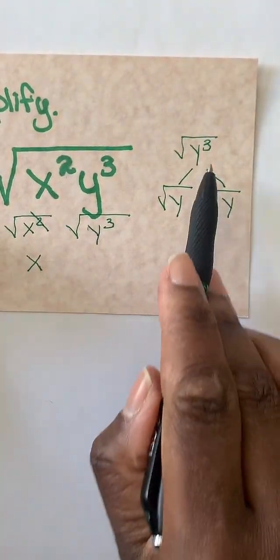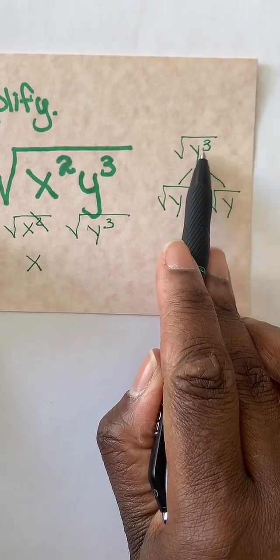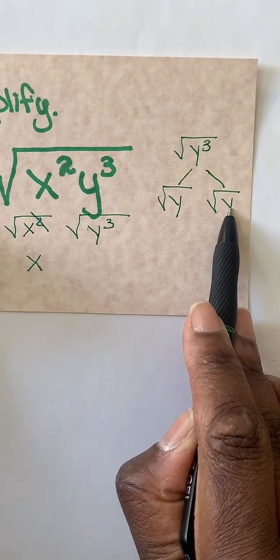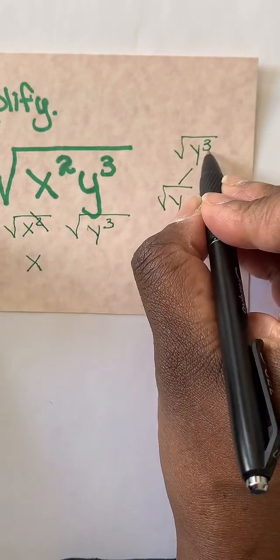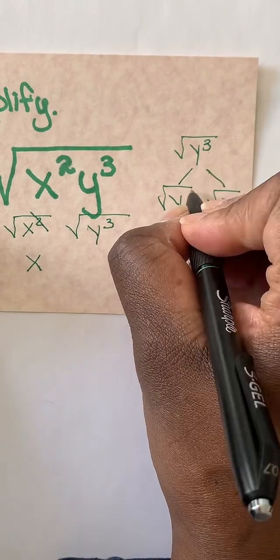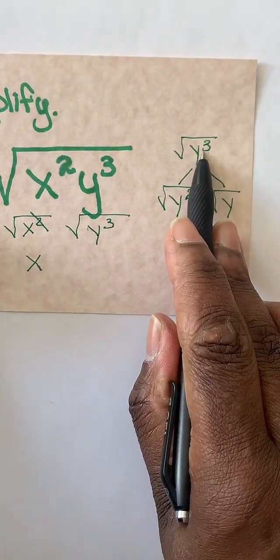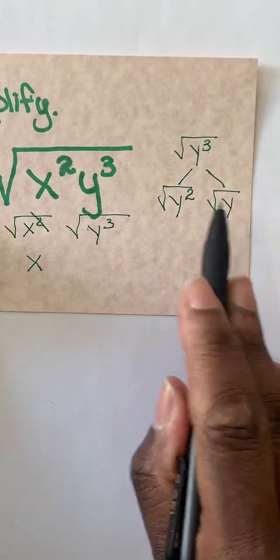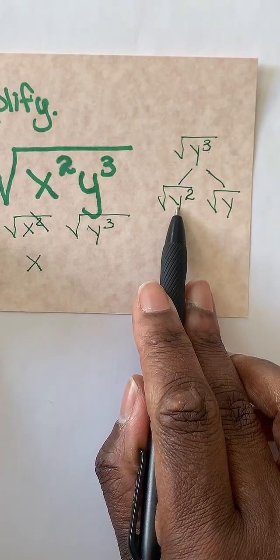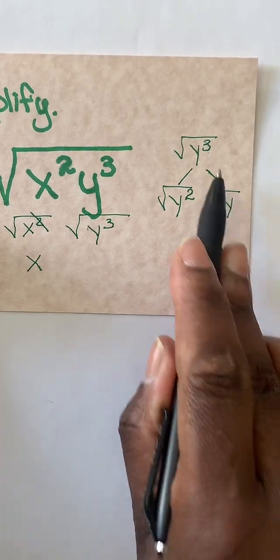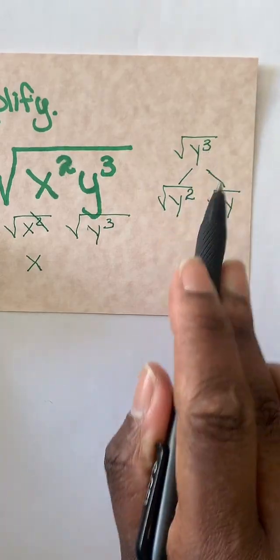And what I do is, if it's an odd number, I always pull one of that variable out and then subtract from the 3. So that means I have 2. If I have 3 originally, pull 1 out. That means I have 1 less, which is 2, because 2 plus the 1 that's understood to be there will give me my 3.